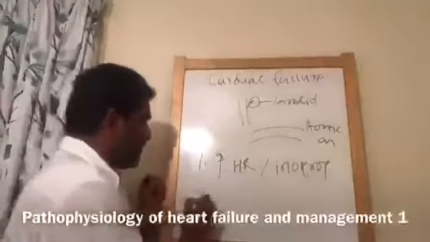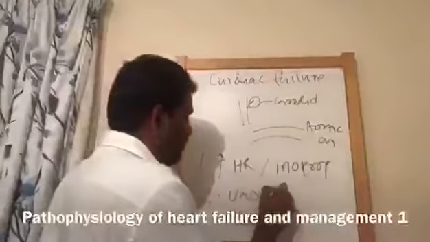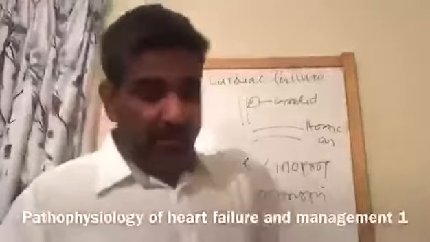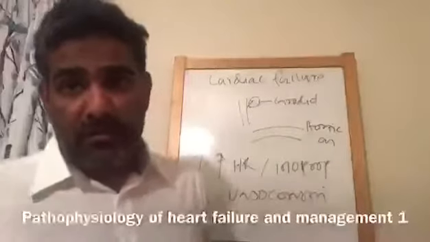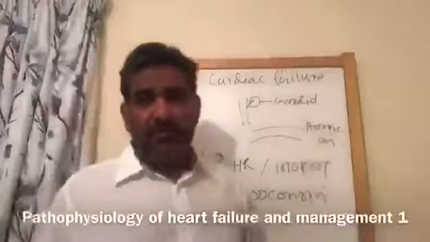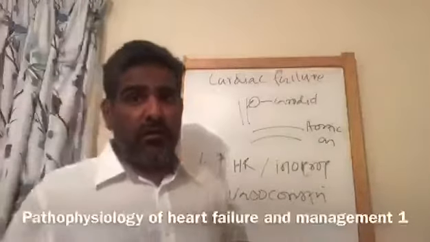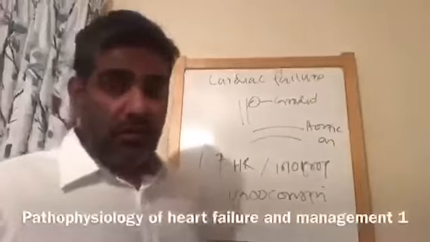At the same time, it produces vasoconstriction in order to increase the blood pressure. This is how baroreceptors react. At the same time, due to the reduced parasympathetic outflow, the heart rate tends to increase.